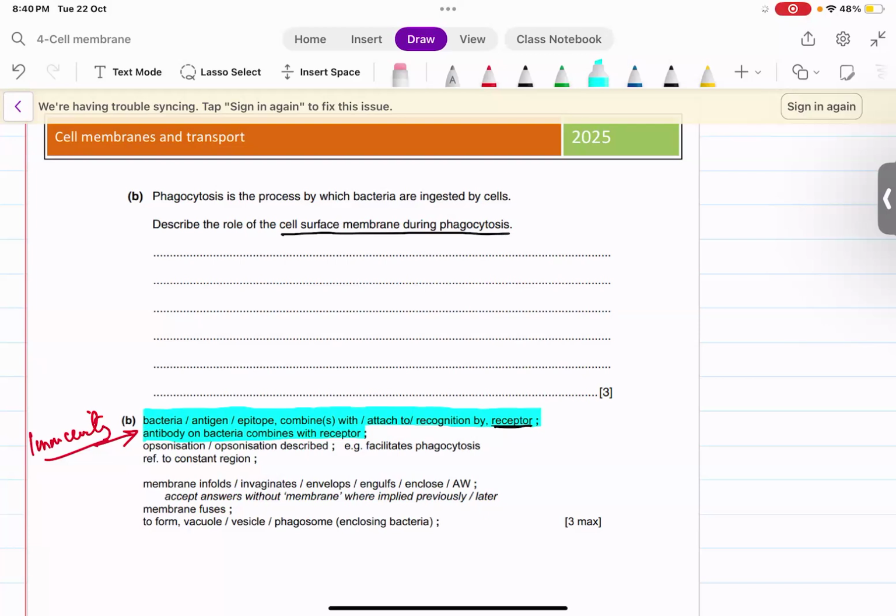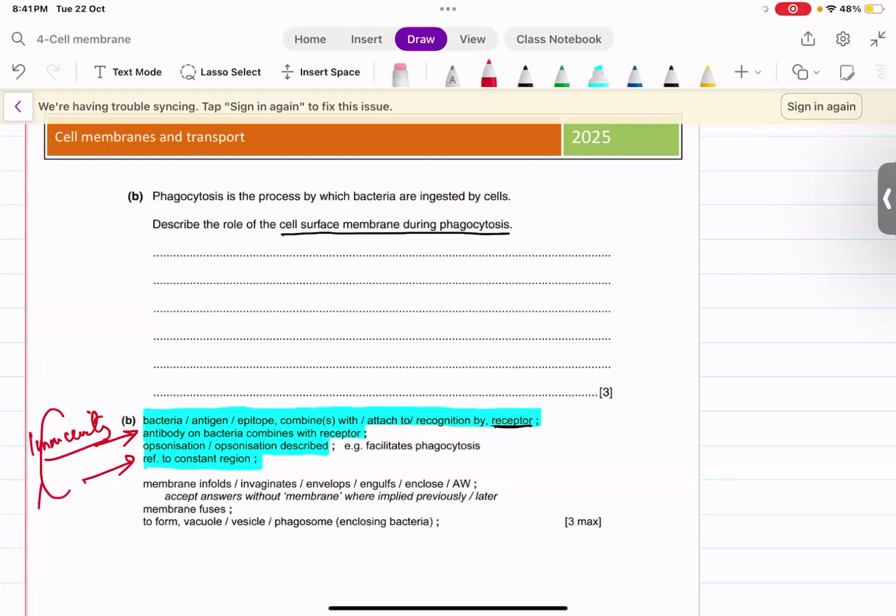Similarly, these two more terms, opsonins and opsonization, we will also discuss in immunity. Reference to constant regions and variable regions of antibodies, we'll discuss in immunity in detail.